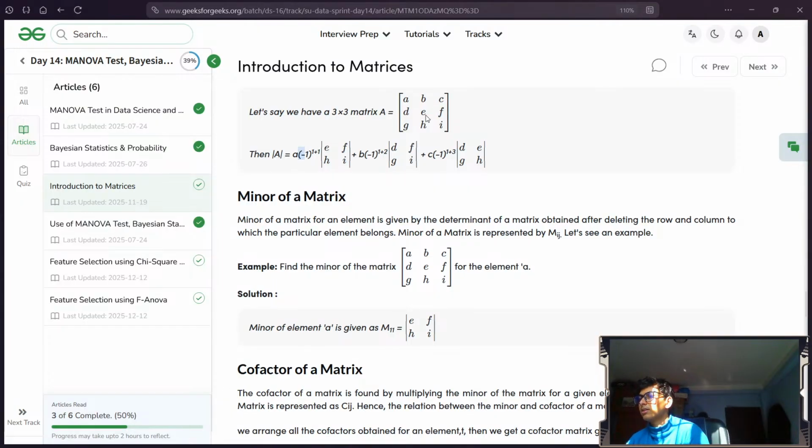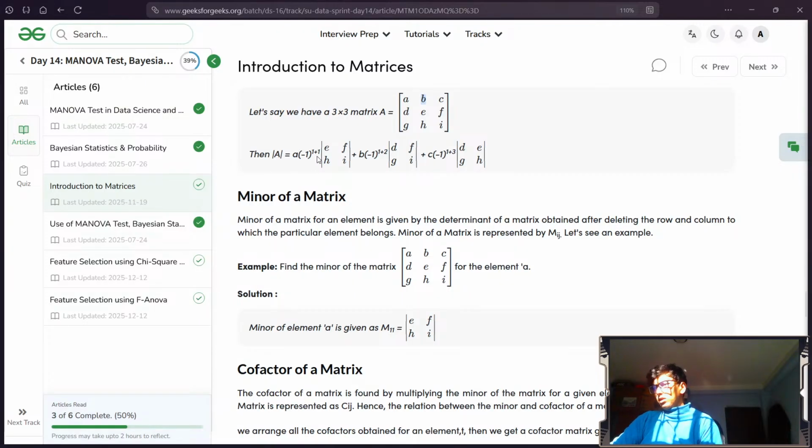Here A is taken, so A times EI minus FH, again these lines are gone, DFGI. And if it's in the middle, then minus. If it is in the middle, then minus.